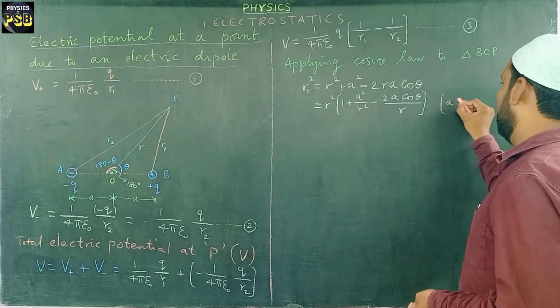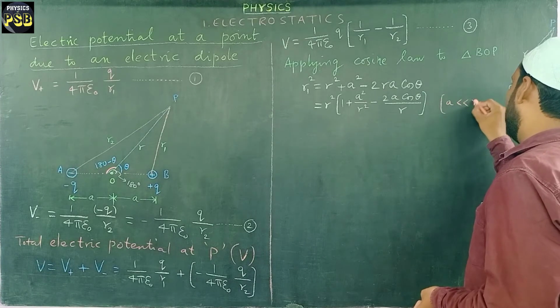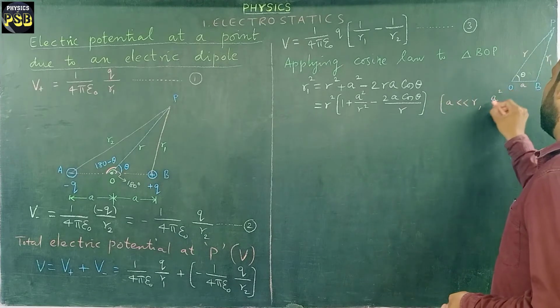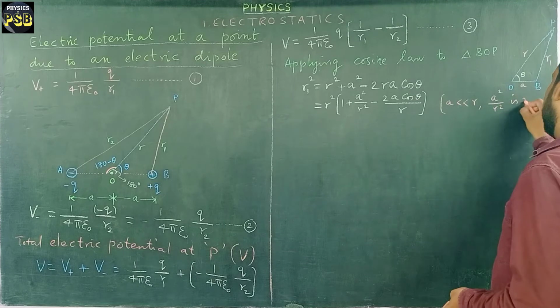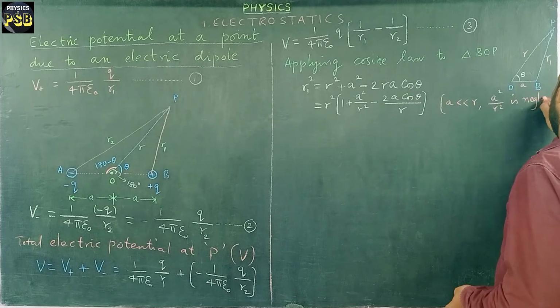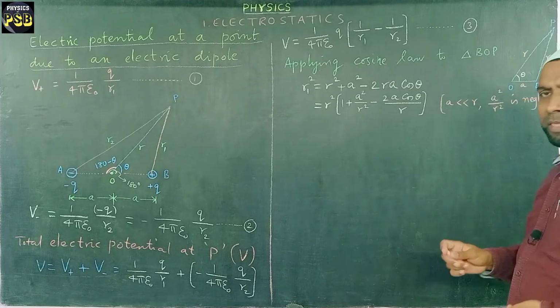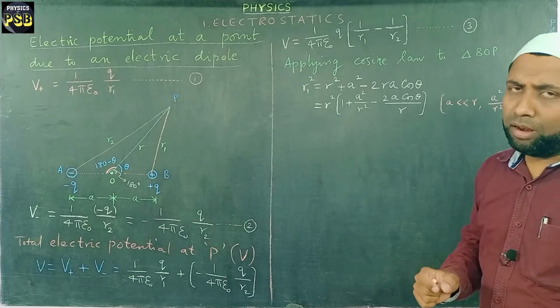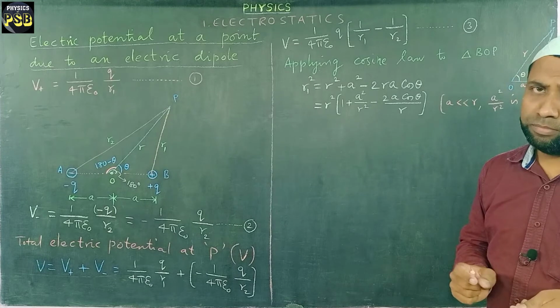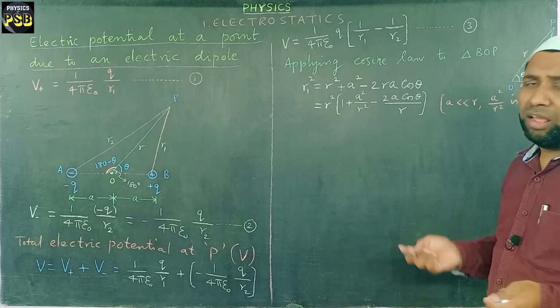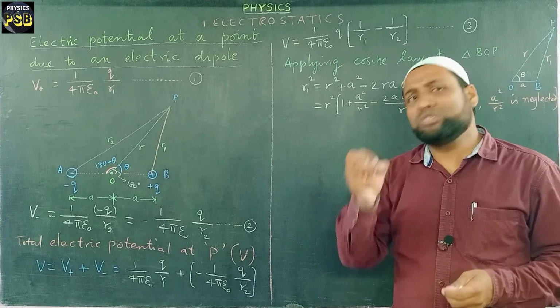So a square upon r square is neglected. After squaring a and dividing by r square, the value we get is too small.